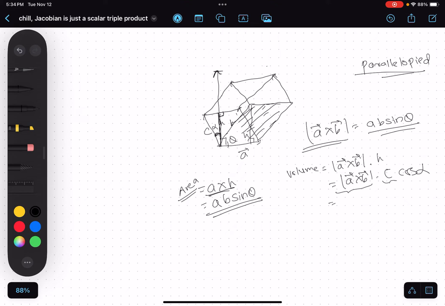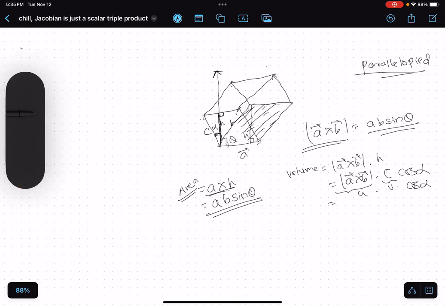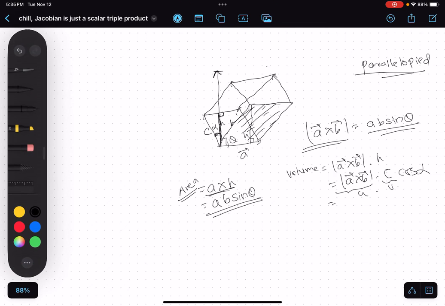Since this is u v cos alpha, where alpha is the angle between u and v, this is actually the dot product of u and v. So I can write this as the dot product of a vector cross b vector with c vector, right?